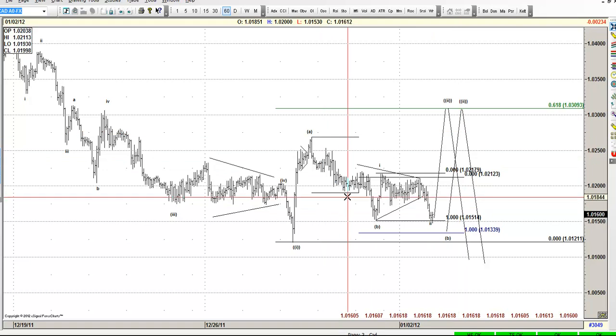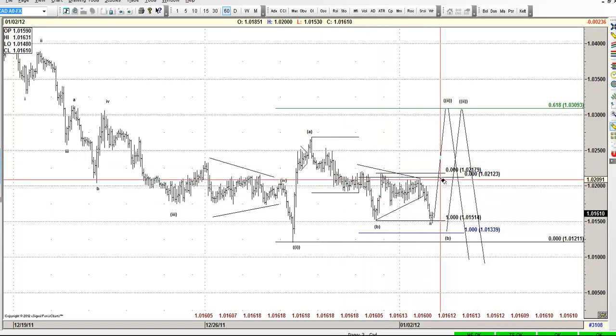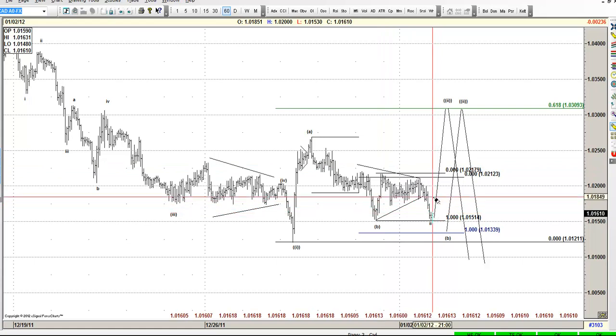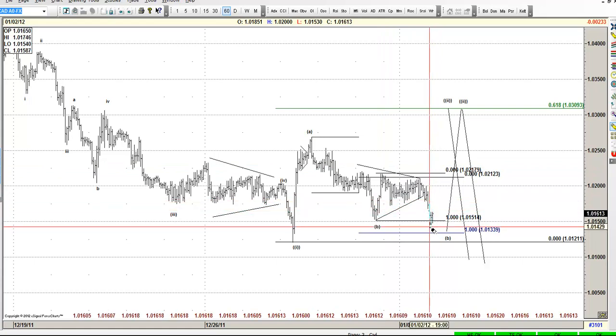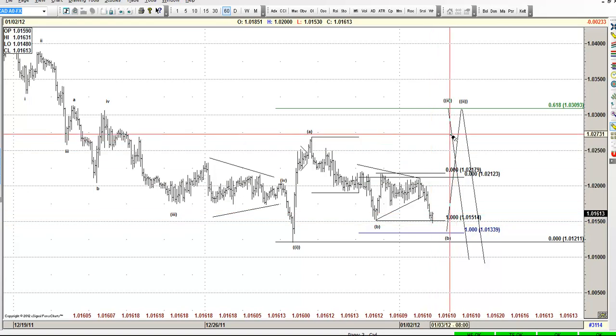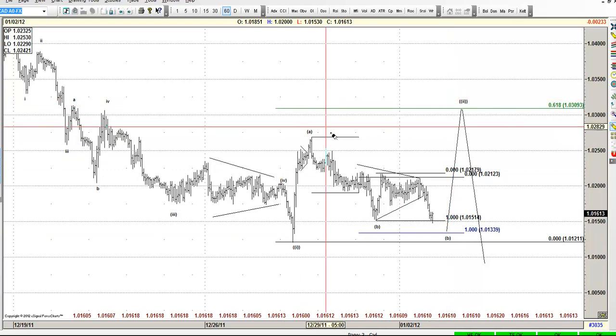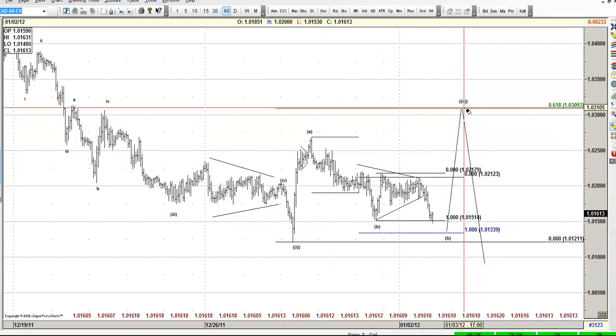Maybe this pair did a triangle, and then because it did a triangle, most likely, look, the pair now is bouncing from the equal legs of the triangle, and still what we are expecting is some type of US dollar strength. That's what I say. The metal pairs still have at least one leg of strength against the dollar.